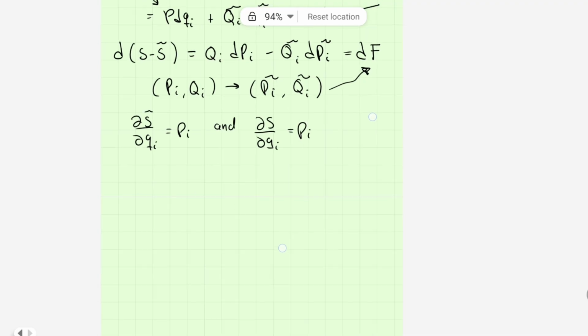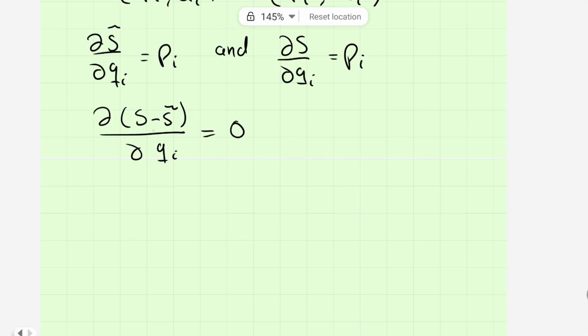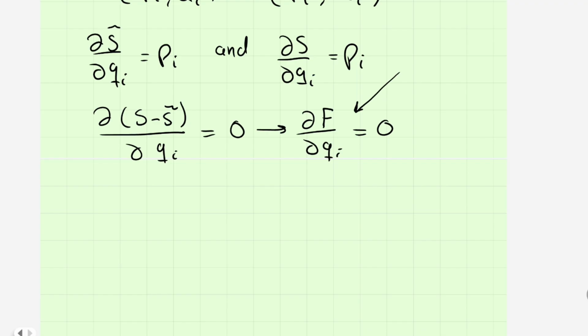So that means that the partial of (S minus S tilde) with respect to qi is equal to 0. And this is telling us that the function that is equal to the difference between S and S tilde, which is F, is going to be independent of the qi. I mean that the expression for F will not contain the qi. So that's why we have the partial derivative with respect to qi equal to 0.